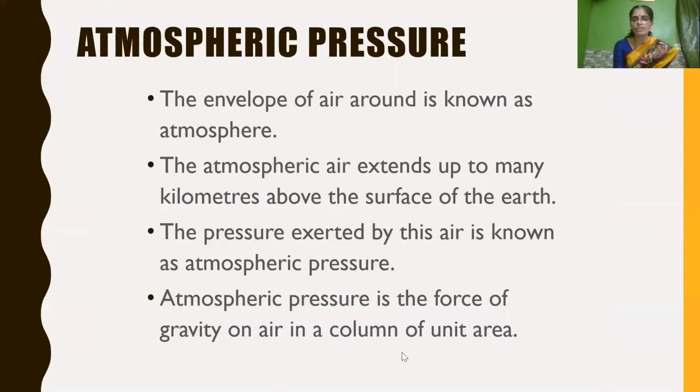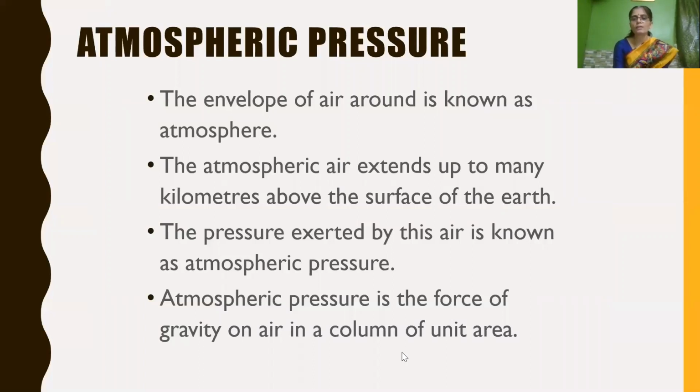Atmospheric pressure is nothing but the force of gravity, the gravitational force, which acts on a column of air per unit area. Got it? So for pressure we have two factors. What are they? Force and area. Here, which force for the atmosphere? Pressure exerted by the atmosphere; which force is acting on it?